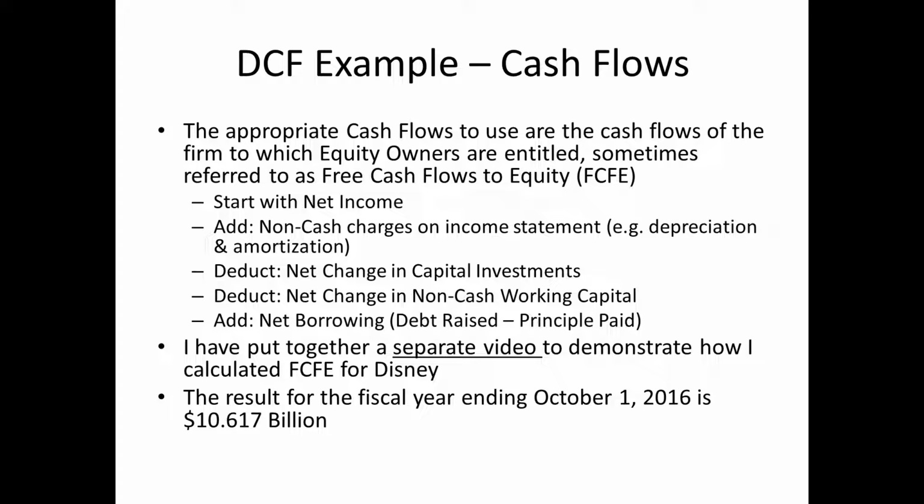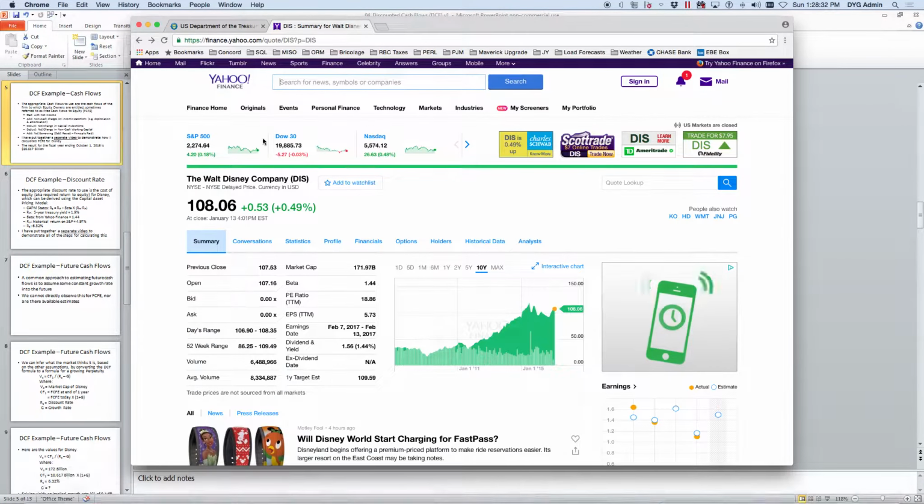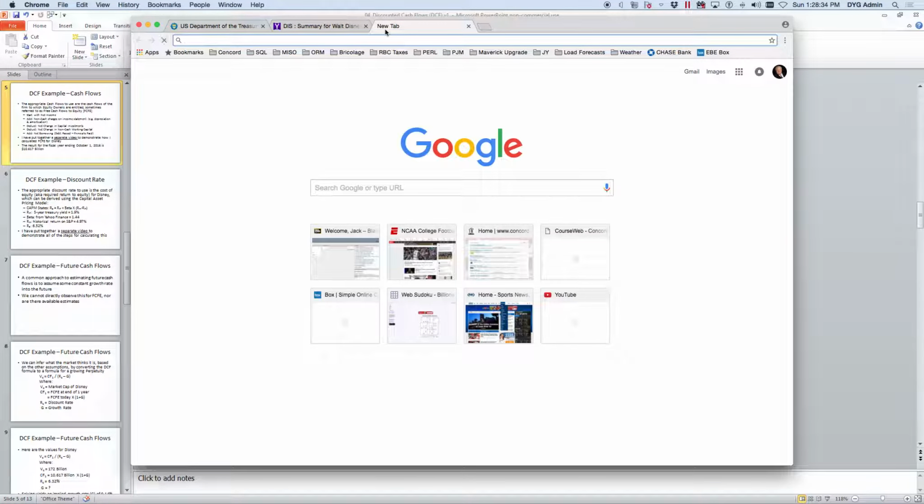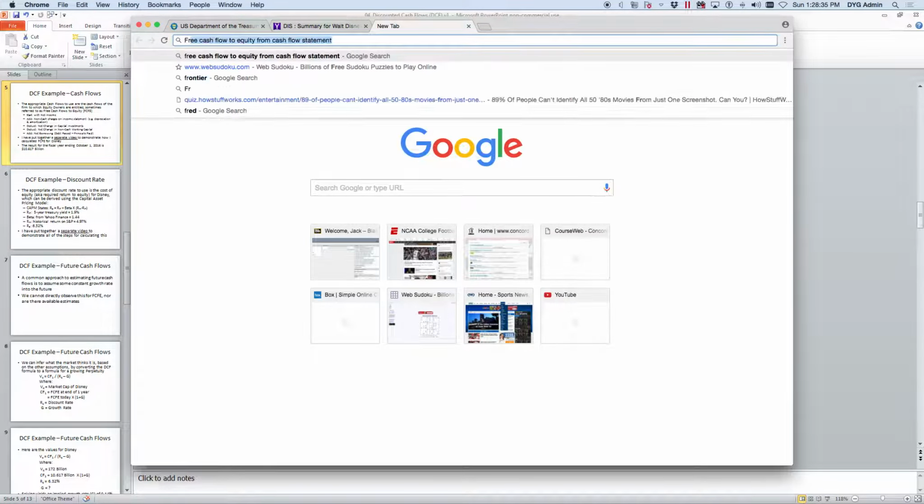Now, you can Google that if you want to. If you were to go out and Google, for example, free cash flows to equity, you'll find all kinds of good information that defines it and explains it, chapters and books.